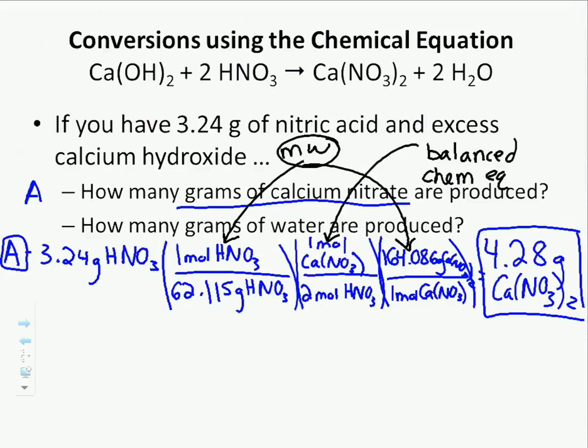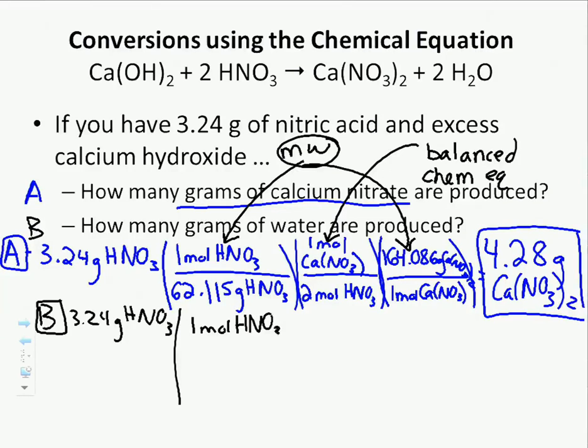Good. Let's do B now. We're starting out the same way once again, but at the very end, we're going to have a different molecular weight. So we have 3.24 grams of nitric acid times 1 mole of nitric acid to 62.115 grams of HNO3.